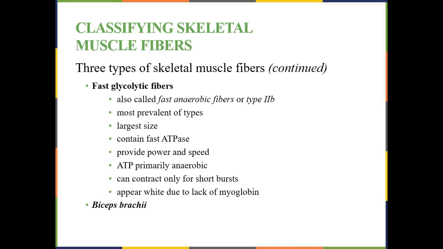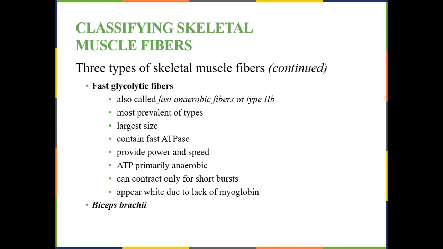Fast glycolytic fibers are found again throughout all of our muscles, but we see these in certain muscles more often than others. One example is in the biceps.